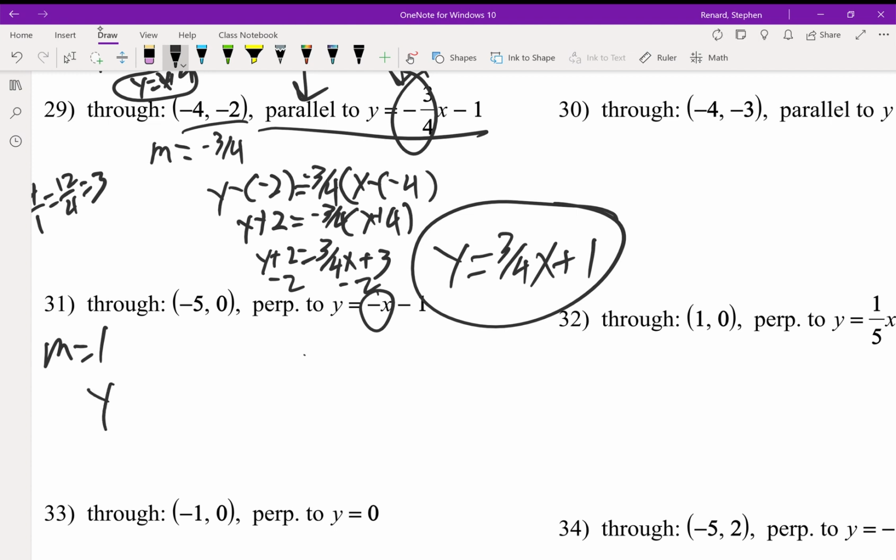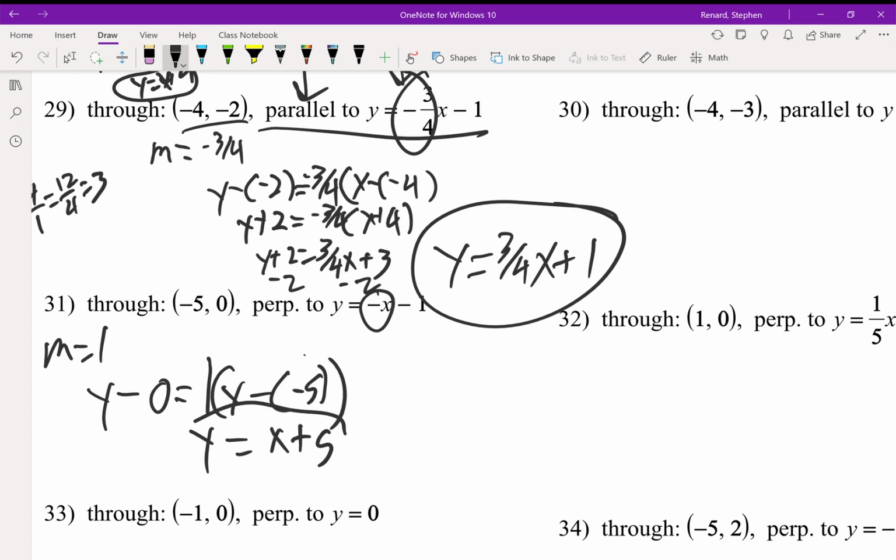So we end up with y minus 0 equals x, slope, which is 1, times x plus 5, like so. So that gives us y equals x plus 5.